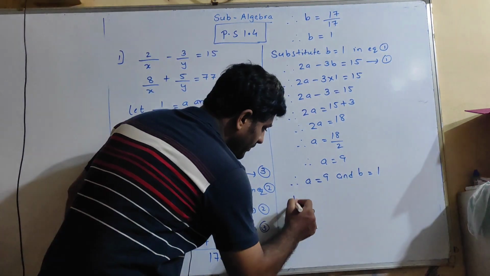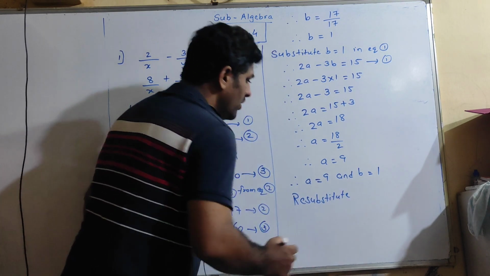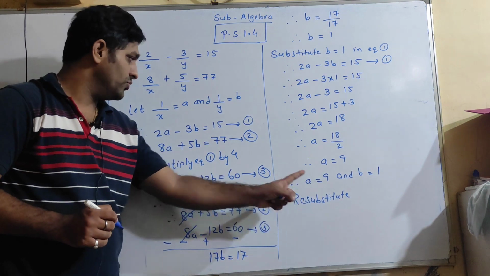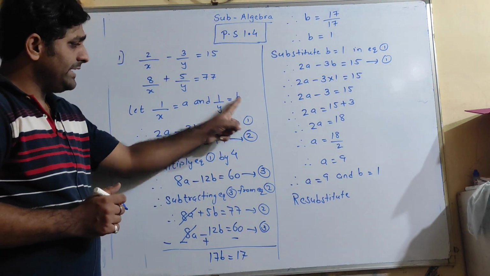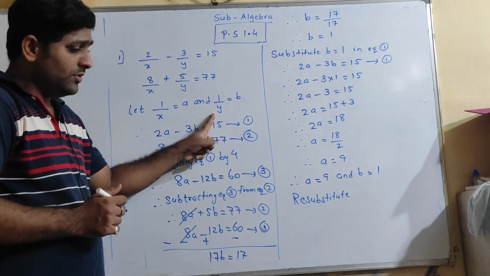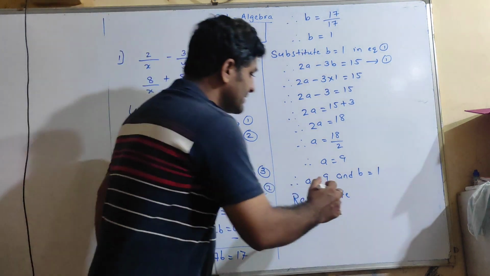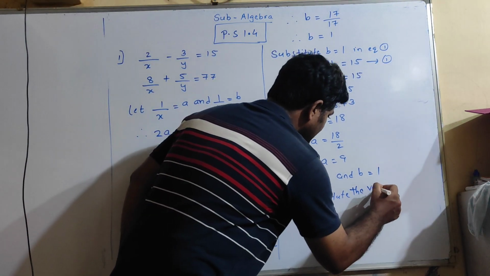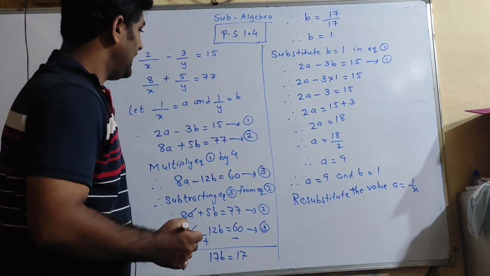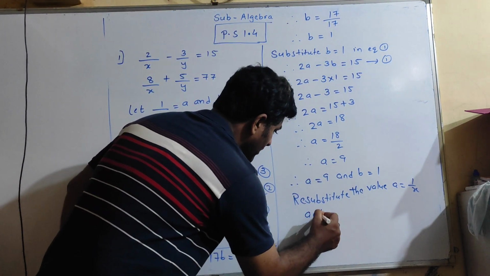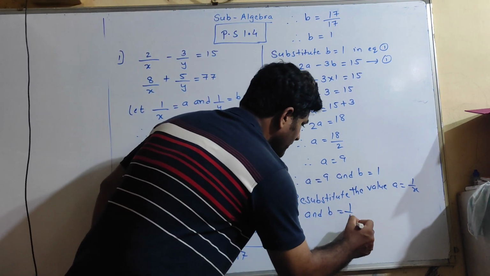Correct? So resubstitute. Okay, we are resubstituting the value. We know that a is what? 1 upon x and b is 1 upon y. Correct, students, over here? So let us resubstitute the value. a is equal to 1 upon x and b is equal to 1 upon y.